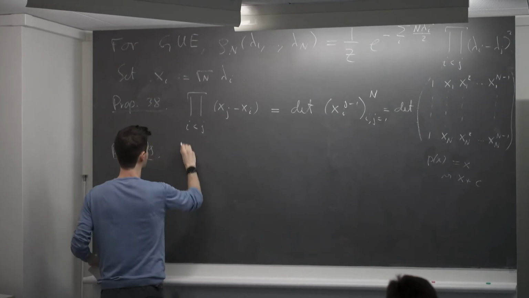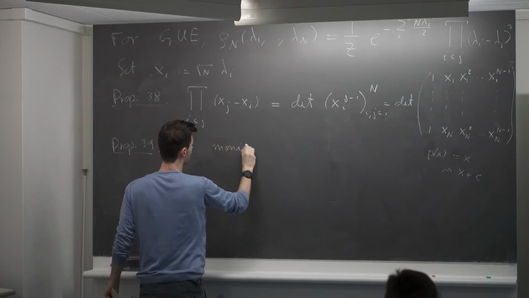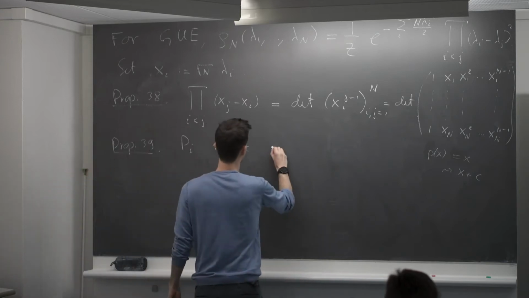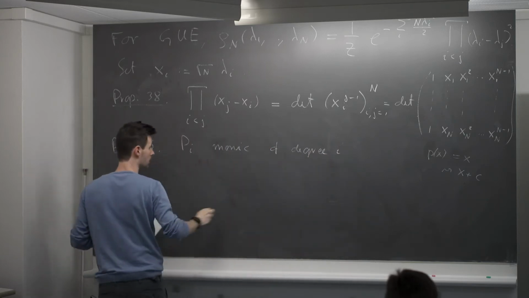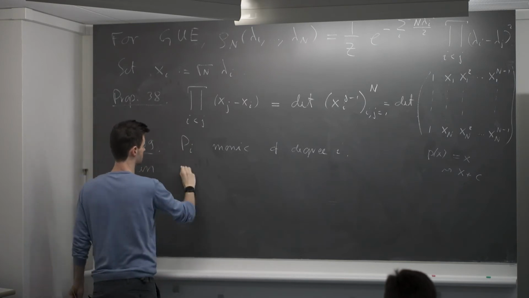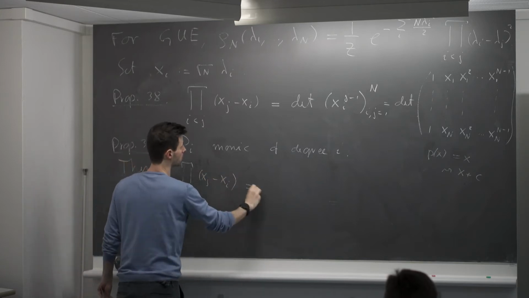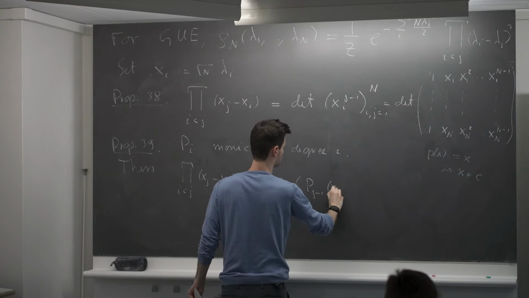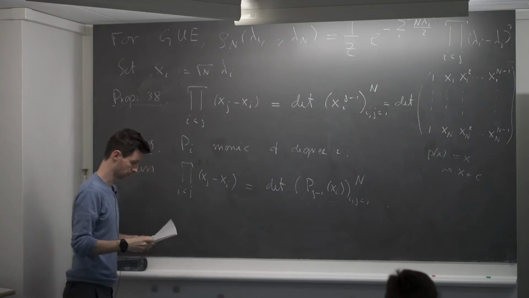So if pi i is monic, I recall monic means that it's a polynomial whose top coefficient is equal to 1, monic of degree i, then this Vandermonde determinant is in fact equal to the determinant written in terms of these polynomials.